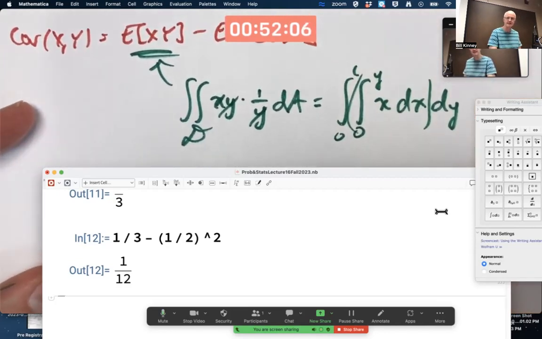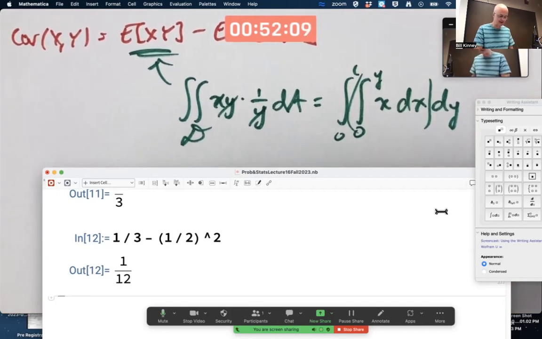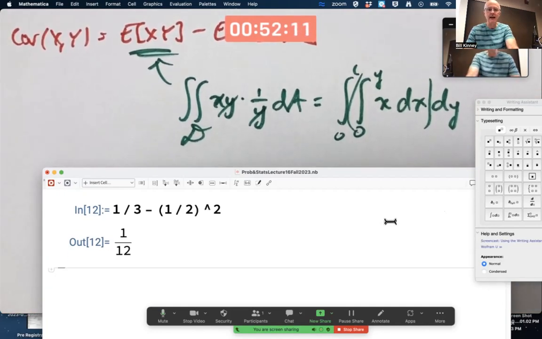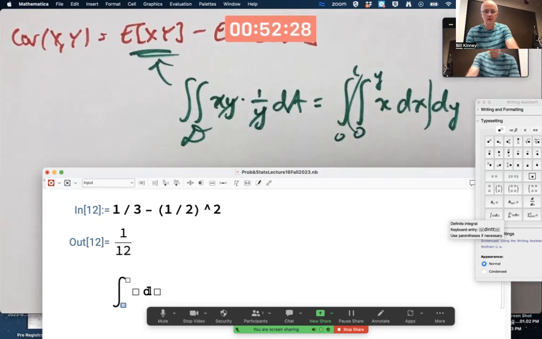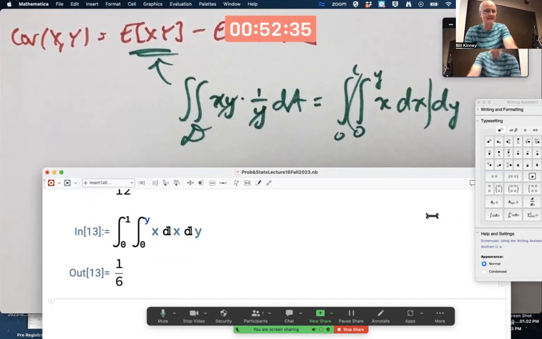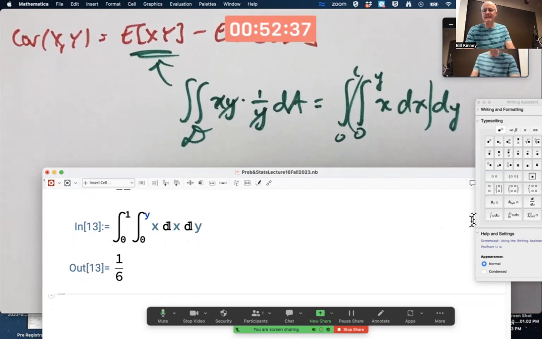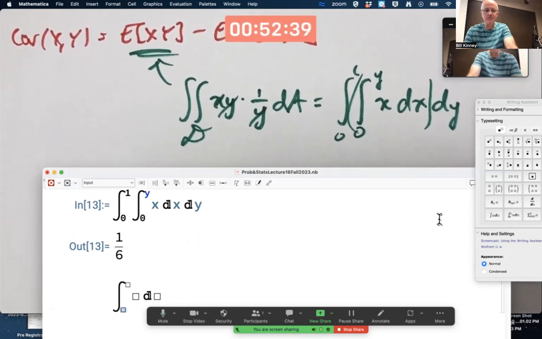So this integral should give us the expected value of x times y. Would it be difficult to do by hand? I would get x squared over 2, x going from 0 to y, giving me y squared over 2. I'd have to integrate y squared over 2 from 0 to 1. It would not be too hard. One-sixth.